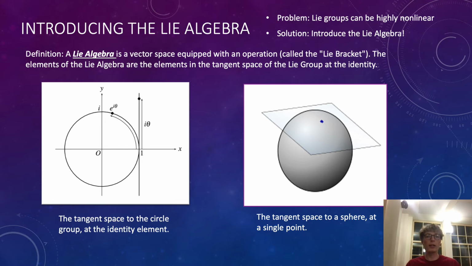And on these elements, we define an operation called the Lie bracket, which I'll talk about more later, but essentially is a commutator. So it tells you to what extent that group is non-abelian. And so we devise this vector space consisting of elements in the tangent space at the identity of the Lie group, along with addition and this operation called the Lie bracket.